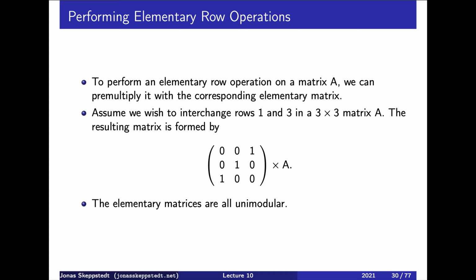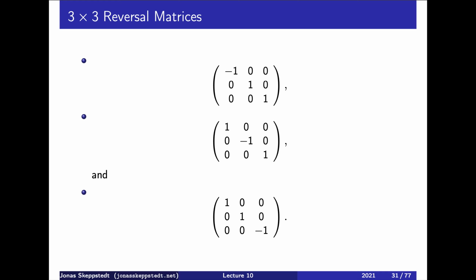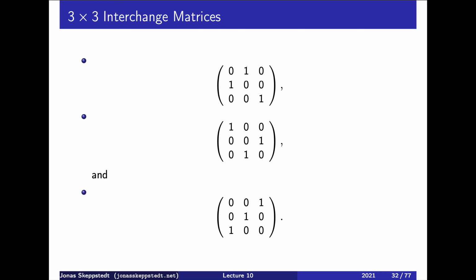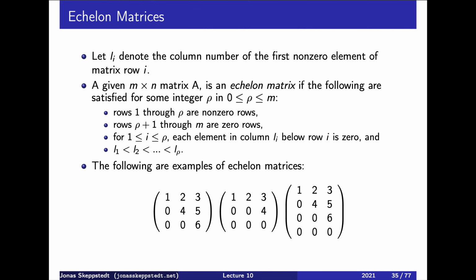Okay, and there are different operations that we can want to do. We will soon come to what we will use this for. So the echelon matrices, it is what I mentioned before, that there are zeros in the lower left part.